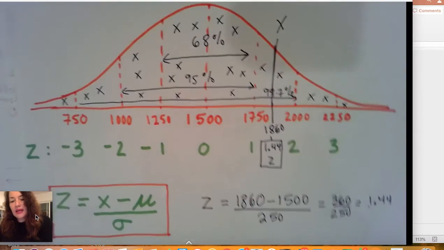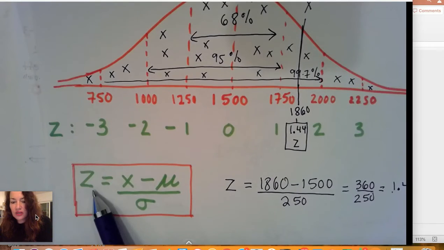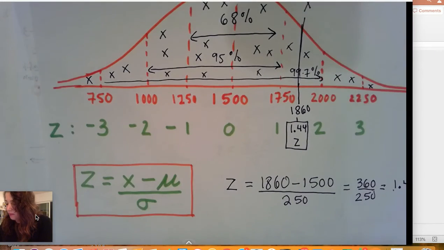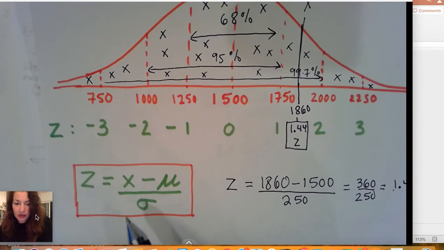Now, I can ask any type of question, or the question can be asked. You can be given a z-score, you can be given the mean and standard deviation, and you could be asked any one of these letters can be replaced. Remember, in any equation in algebra, if you only have one unknown and you know everything else, you can find that unknown.